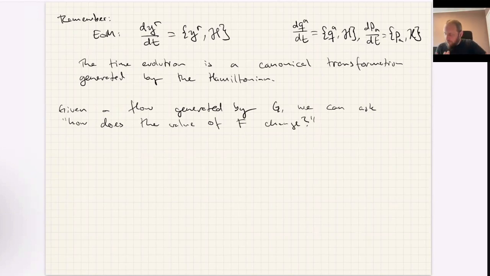Okay, so I want to know essentially what is df/ds when I move along this flow.